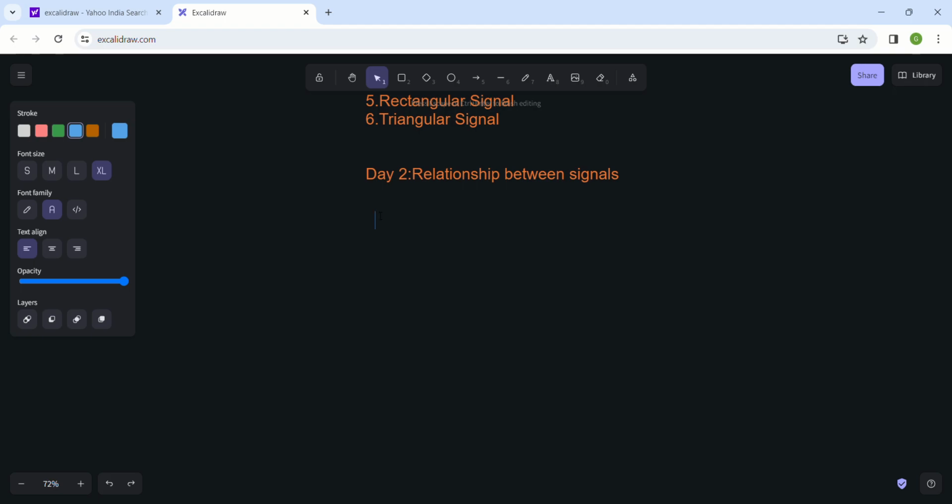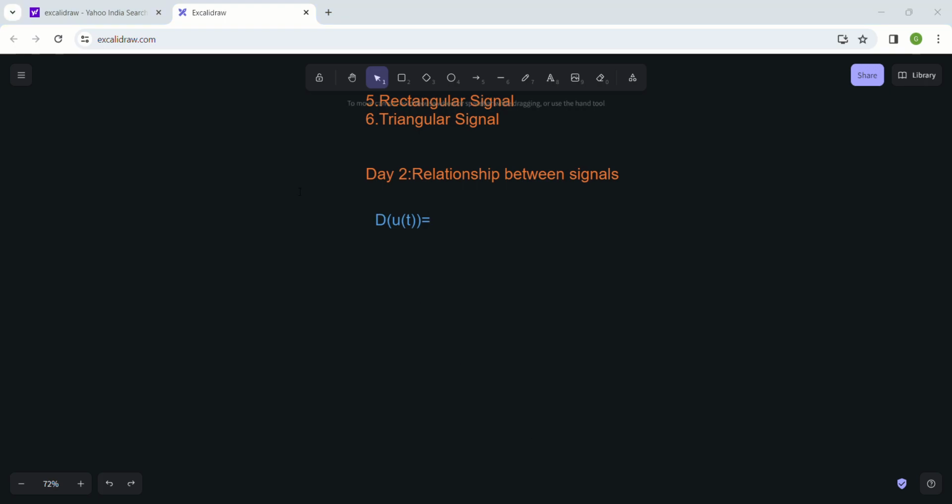What is the relationship between the signals? Let's see. D means differentiation. Differentiation of u of t will give us... Let me copy this and paste here.